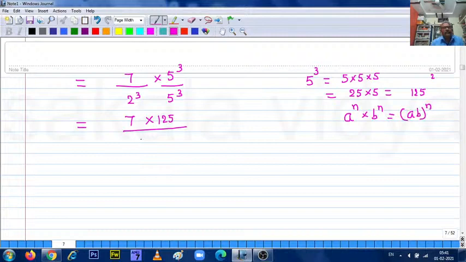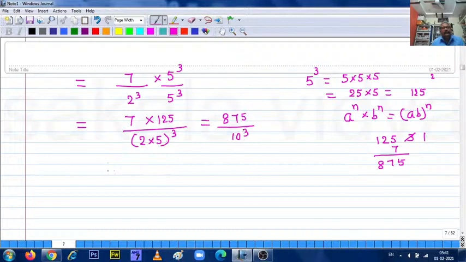So this we can write as 2 into 5 whole cube, that is 10 cube. So 125 into 7: 7 fives are 35, 7 twos are 14, 14 plus 3 is 17, 7 ones are 7, 875. So this equals 875 upon 10 cube. We can write 10 cube, so that means 875 by 1000.